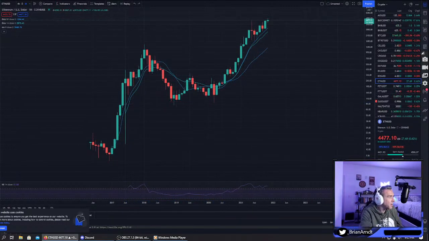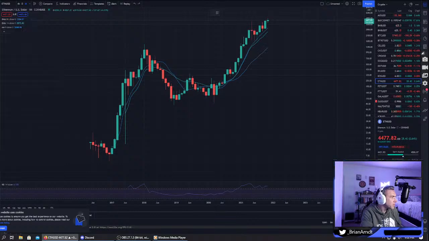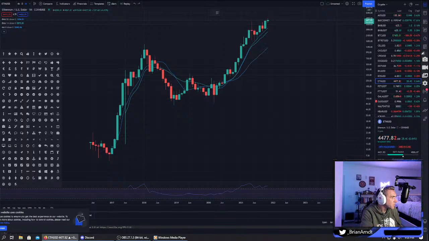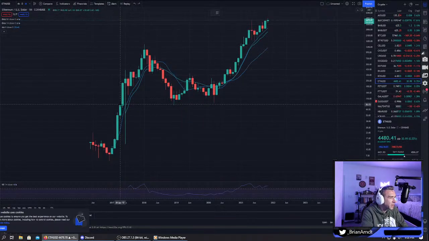I wanted, let's get a rectangle. Where are my shapes today? I'm just all over the place today. There it is. Thought I clicked that the first time.